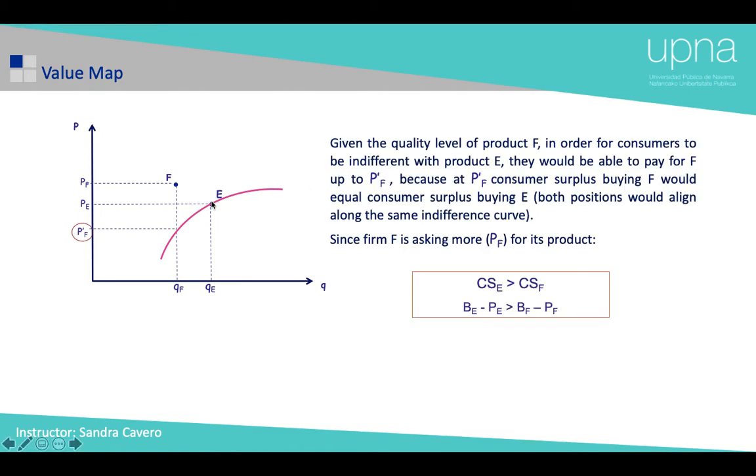Well, given the quality level of product F, in order for consumers to be indifferent between product E and product F, they would be able to pay for product F with quality QF a price of PF prime. Since firm F is asking a larger price for this quality level, PF, we will say that F is offering less consumer surplus to consumers than product E.